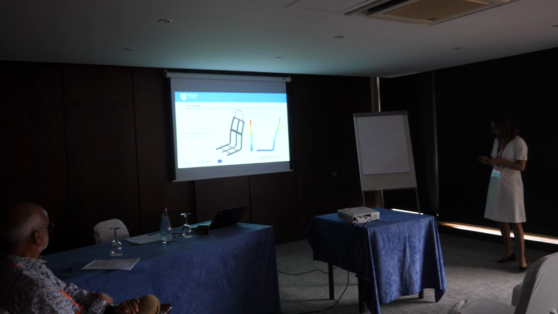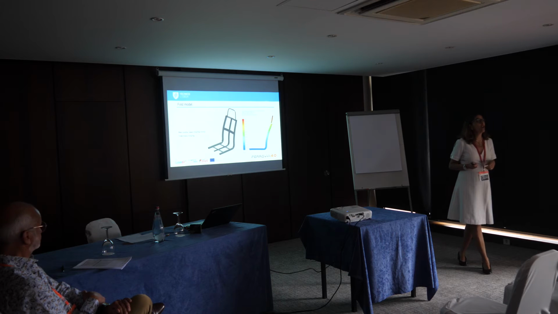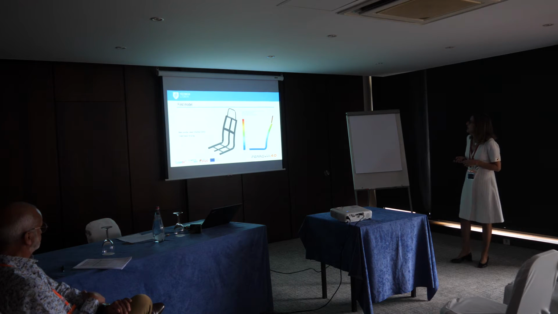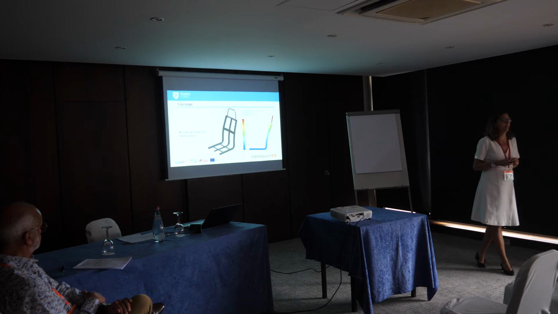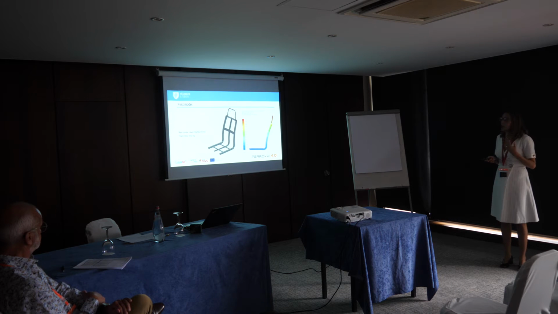The problem, as you can see here, maybe not, is the displacement in this direction, in the normal direction. And for this case, the finite element analysis obtained a value of 82 millimeters. Okay? As you can imagine, for the passenger, this is a huge value.